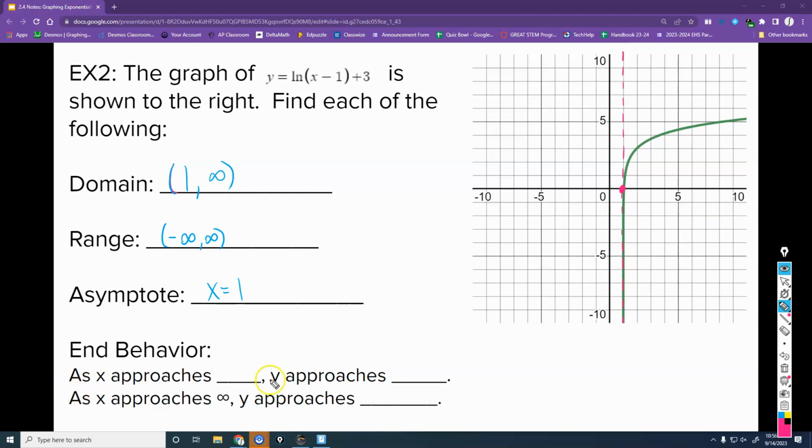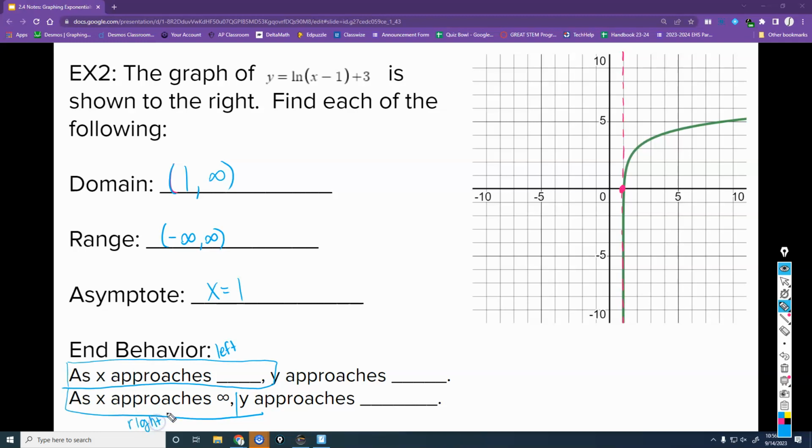Now, I did my end behavior a little bit different for this, and I am not 100% sure you may see this either way, but I think it's going to appear the way that I have seen. Sometimes they might put as x approaches -infinity for the left side, right? Because this one right here is left side. This part right here is the right.